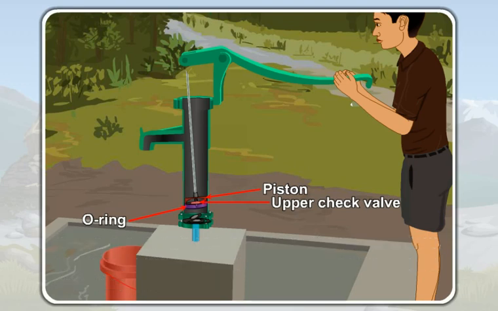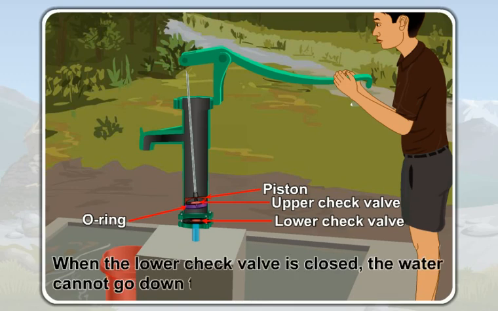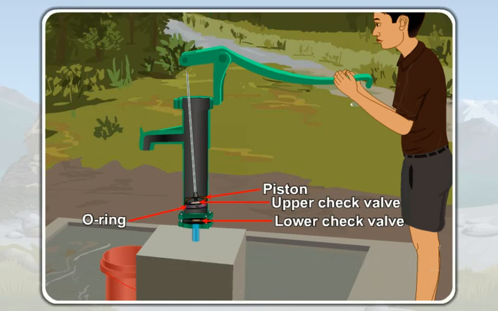And at the same time, the water pushes down the lower check valve so that it closes. When the lower check valve is closed, the water cannot go down to the pipe. It can only go up through the opened upper check valve. So, the water gets collected in the cylinder above the piston.